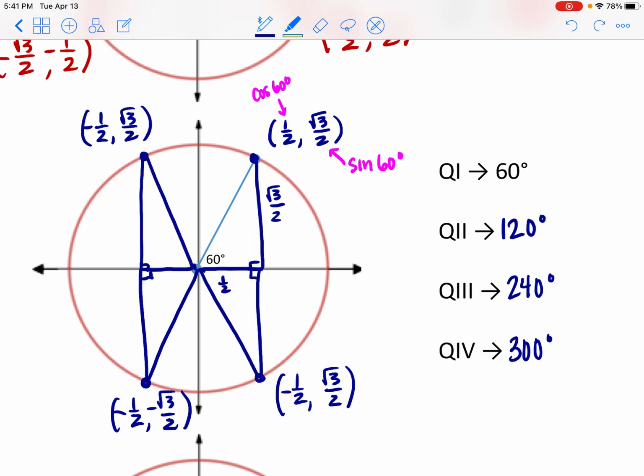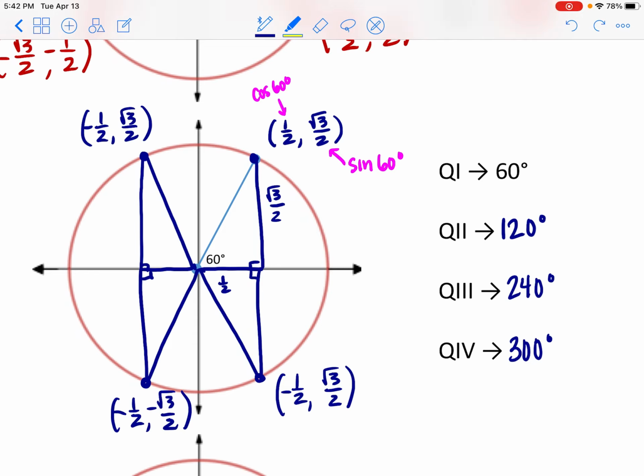Or the reference angle for this 240-degree angle would be 60 degrees. Or the reference angle for this 300-degree angle would be 60 degrees. So all these angles have the same reference angle. They're created by the same special right triangle, which means the coordinates where they hit the unit circle, all those values are the same.